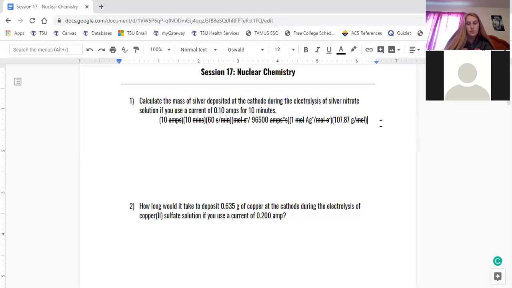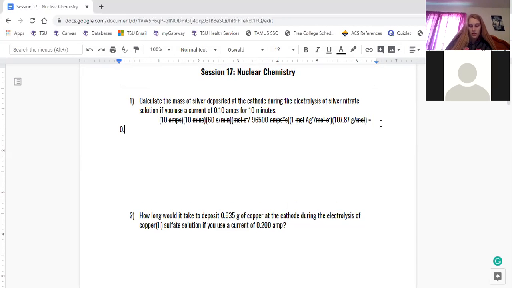Then we solve that, because we've gotten it to grams, which was our goal. And we end up with 0.0671 grams of silver ions.